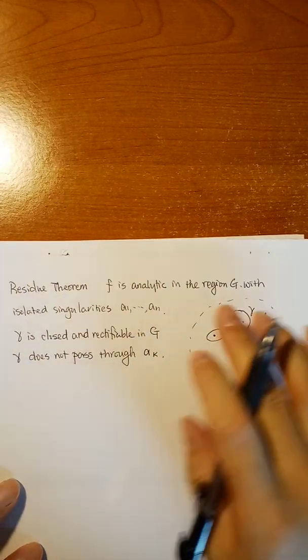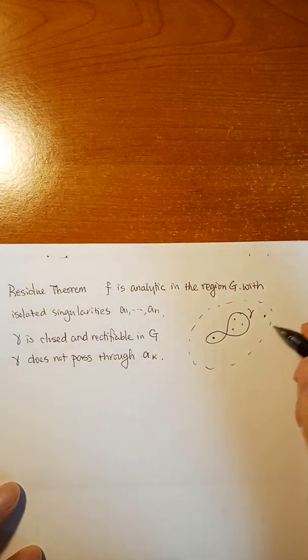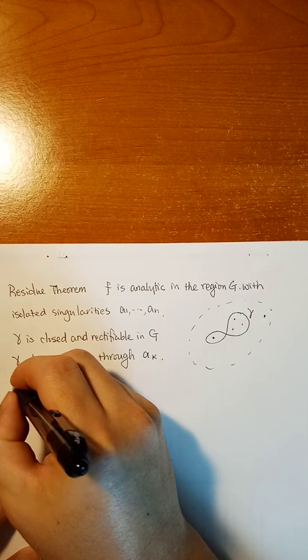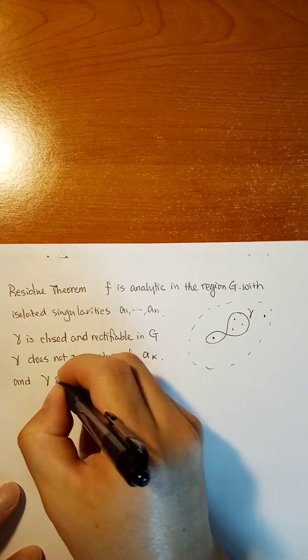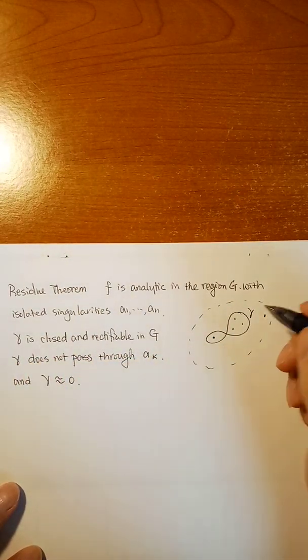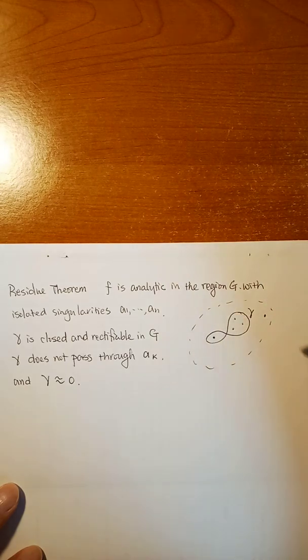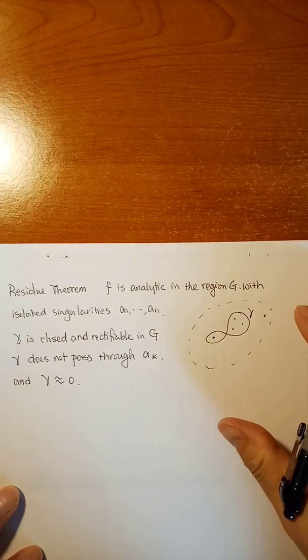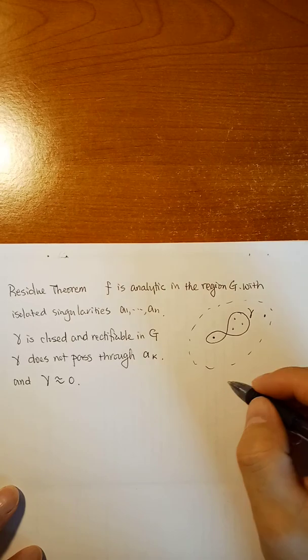So first of all, the curve does not pass through the singularities. And second, gamma is homologous to 0. Remember that homologous to 0 means the winding number with respect to the outside points is always 0. Okay?